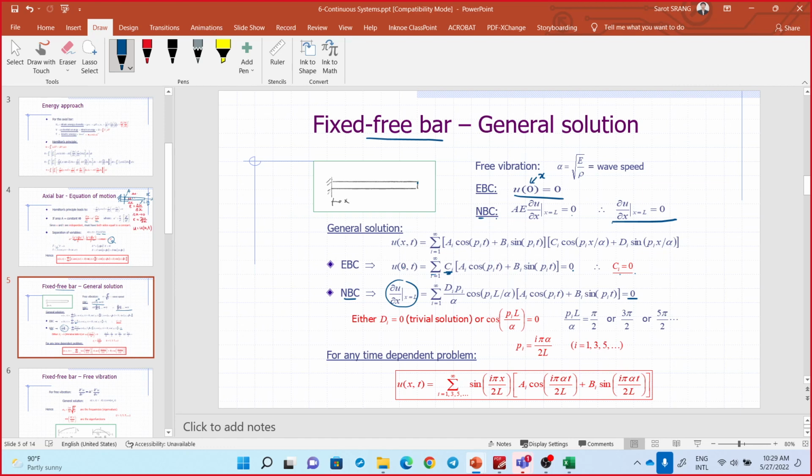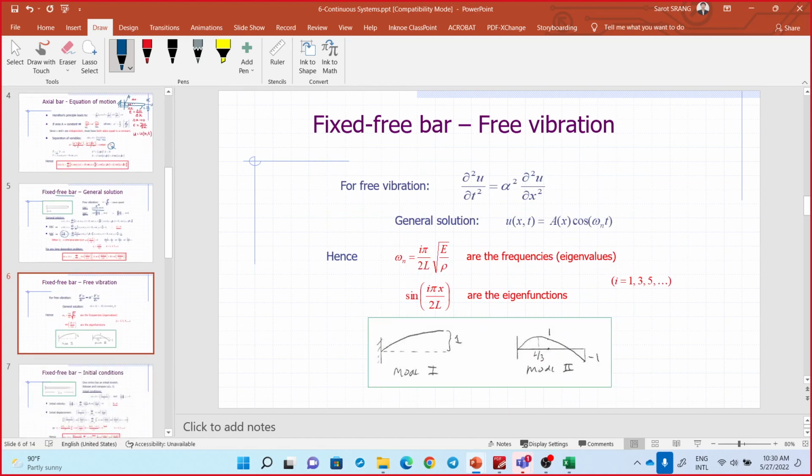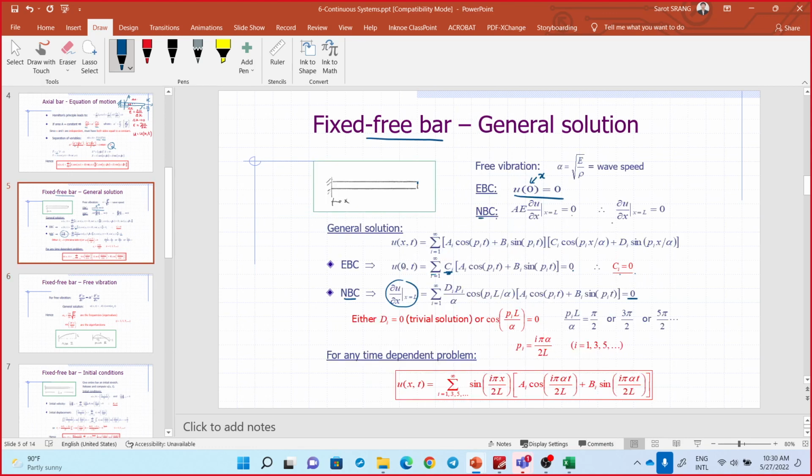The boundary condition we deal with is a condition at a particular coordinate h, and then we can use the initial condition to find other parameters, for example here ai and bi.